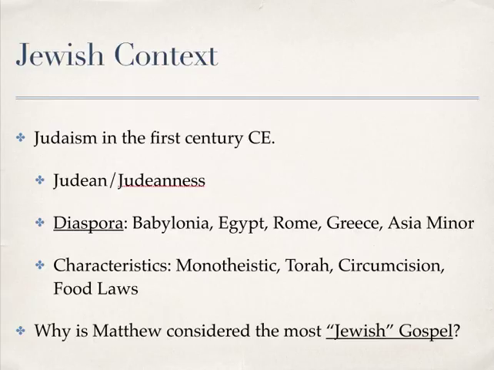And so the God of the Jews is the God of the Judeans, those who lived in the region of Judea. And that is a geographical fixture. So Judeans were people from the region of Judea.